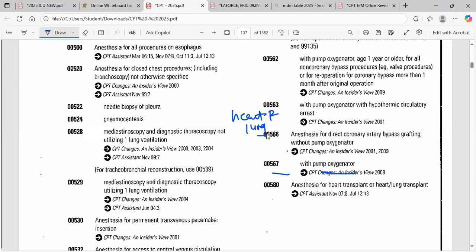So whenever you see this term, pump oxygenator, it is a heart and lung machine. Let me show you here.